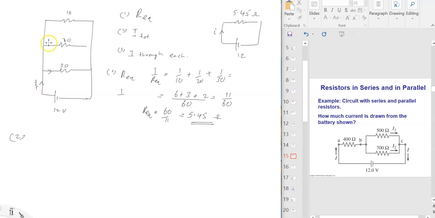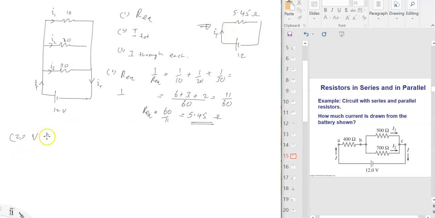Then it will be divided into three branches, and then they all come out and come back as the total. So what we need is this total current, the same current in this simplified diagram.